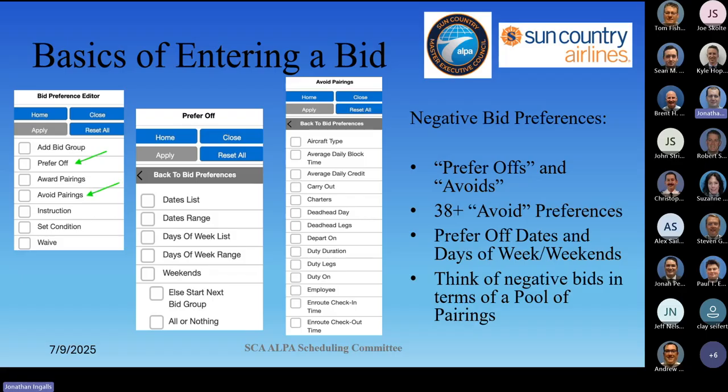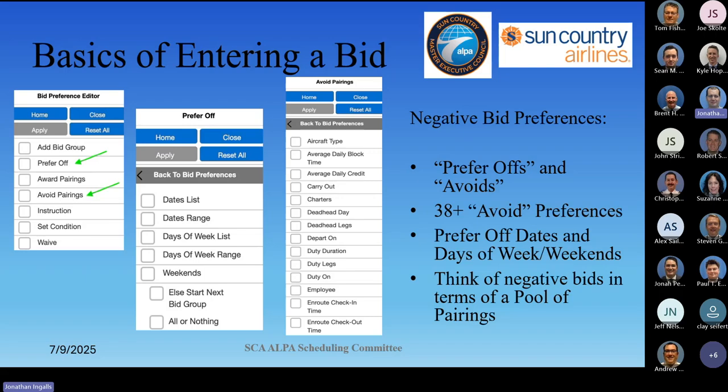But there are huge labor groups that are using this system. Every time somebody negotiates a new contract and gets a new work rule that requires a specific button, it gets pushed to everyone's system. So we get new bid features all the time, which is kind of cool. Contractually, nothing can be withheld from us. But anyways, I digress.